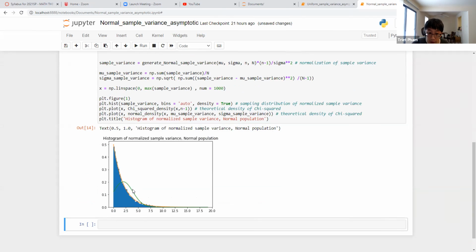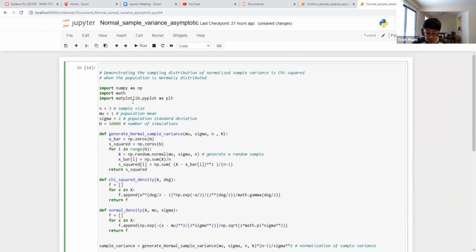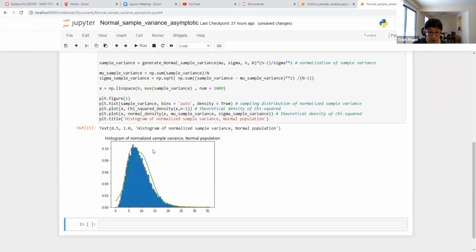When n is small, notice the normal assumption does not hold. This is normal, this is chi-square, nothing like each other. Let's push n to 10. Better, but notice the chi-square is the exact one. Normal still doesn't hold.